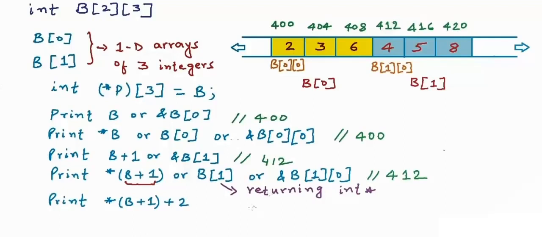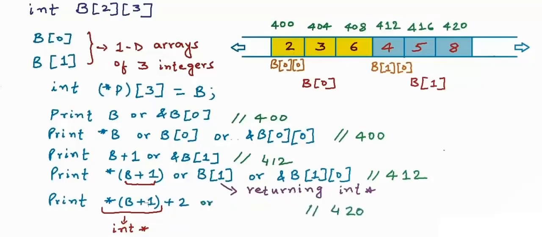Adding 2 here is performing pointer arithmetic because asterisk of b plus 1 is a pointer to an integer storing this address 412. Adding 2 is basically going to the address of the next to next integer, which means skipping 8 bytes and going to reference the integer at address 420.